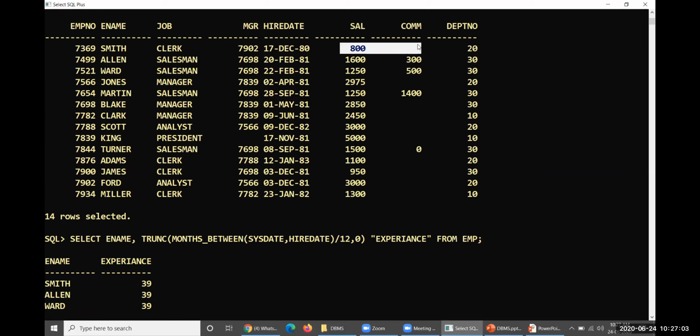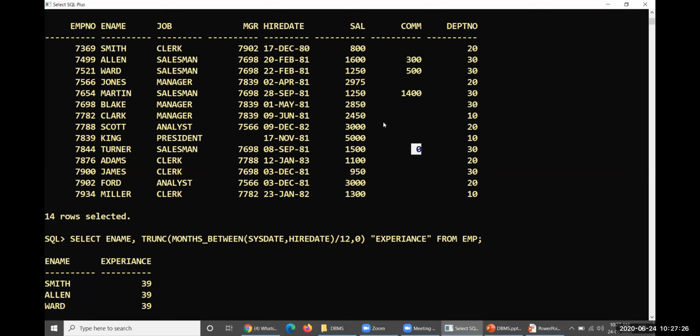So he doesn't have any commission, so his gross salary is 800 only, but others have some commission, so the total salary will be 1900, 1750, 2650, something like this.